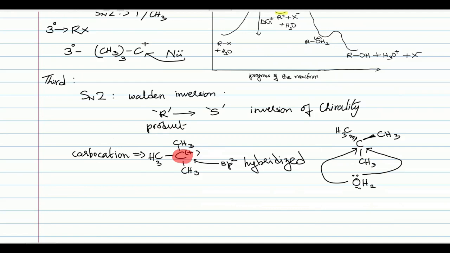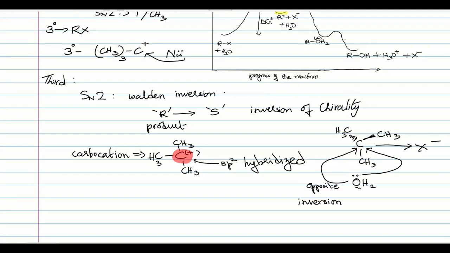If the nucleophile attacks from the opposite side relative to the departing halide, so if your alkyl halide is leaving in this direction and the nucleophile is attacking at the opposite side, you will have inversion of configuration.